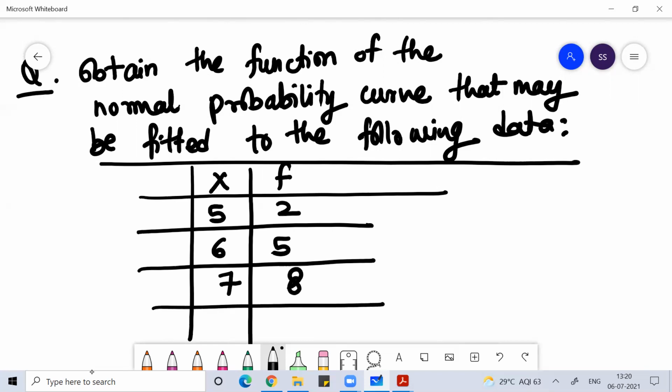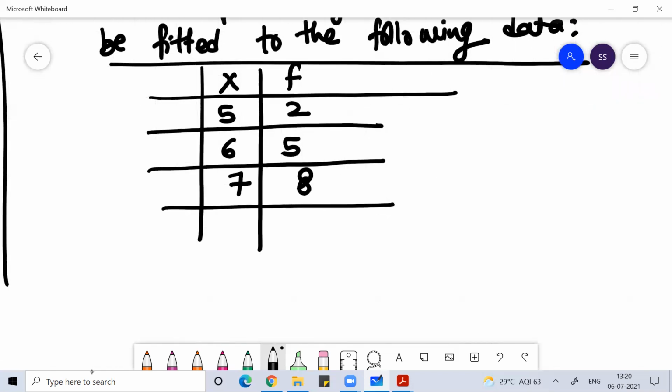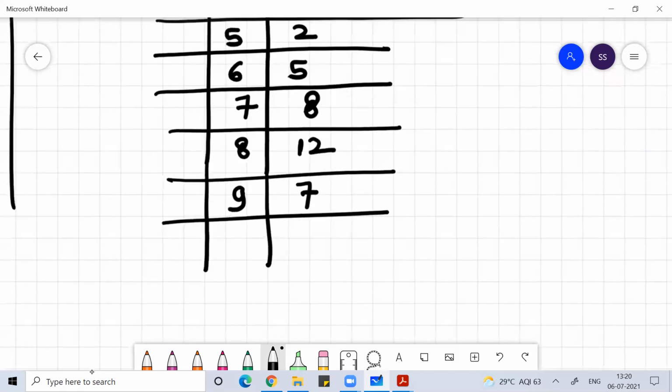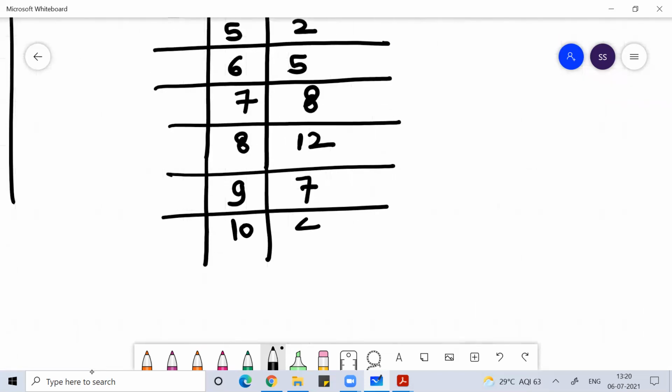The data is 5, 2, 6, 5, 7, 8, 8, 12, then 9, 7, then 10, 4, then 11.